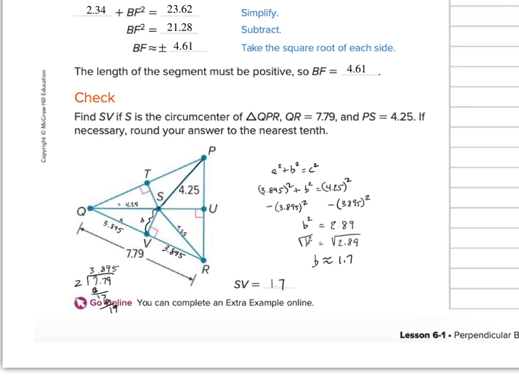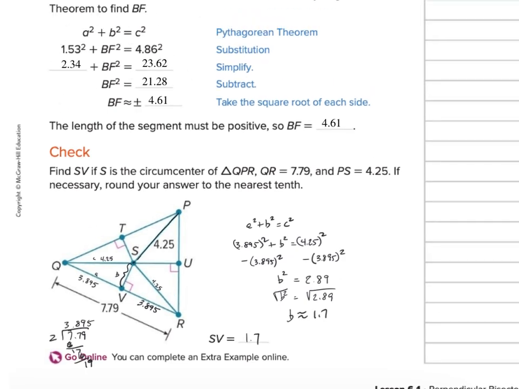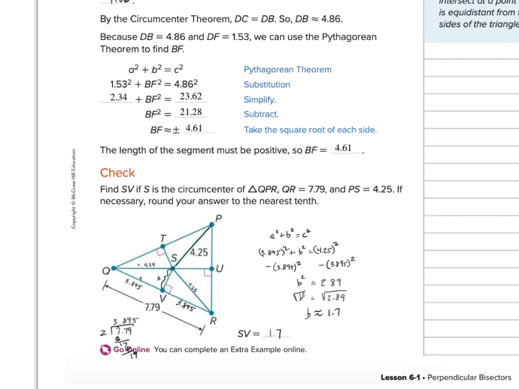I rounded. Finding the square root of both sides, then b is approximately 1.7 units. So there you go. That's using the Pythagorean theorem to come up with the value within the triangle based on the perpendicular bisectors and using those characteristics.